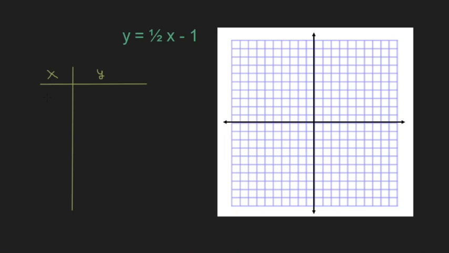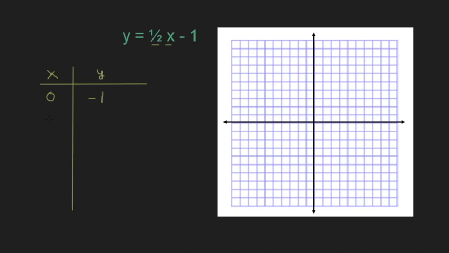If x is 0, what will y be? 1/2 times 0 is 0, minus 1, so y will be negative 1.